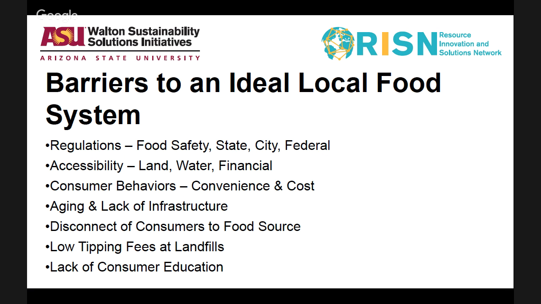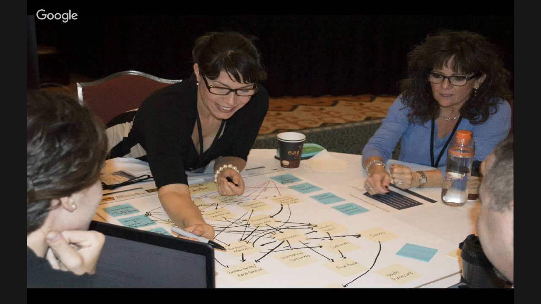We have very low tipping fees here, and so that makes it very hard for some solutions to pencil out, particularly when they involve large infrastructure. And then also a general lack of consumer education. There are some initiatives to change that, both at that grassroots level that I mentioned at the beginning, as well as a program that Walton Sustainability Solutions Initiatives has going to inject sustainability education into K through 12 curriculum.